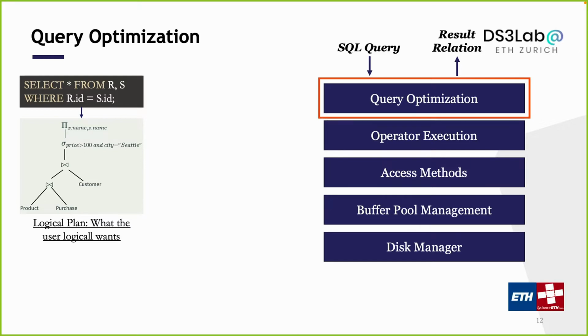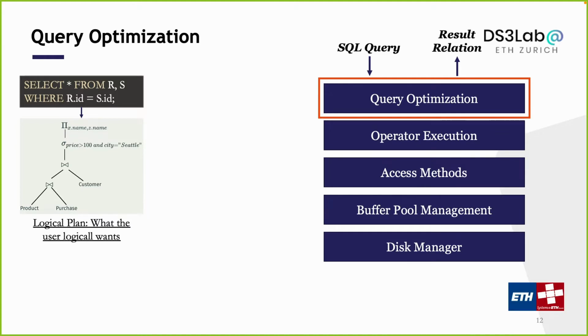It is a tree, right? And for every single node, it is a relational algebra operator, and the leaf nodes are relations. So given this, it's a precise description of what the user wants. But still, the database cannot take this and actually run it because there is missing information. For every single operator, I have no idea how to actually run it.